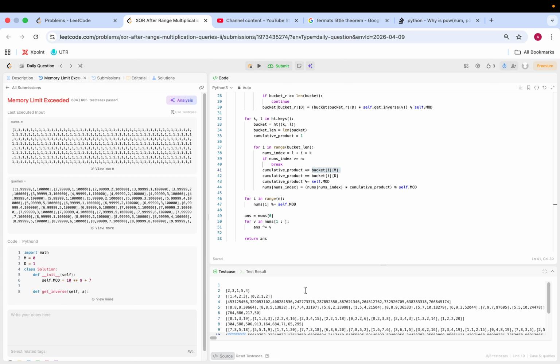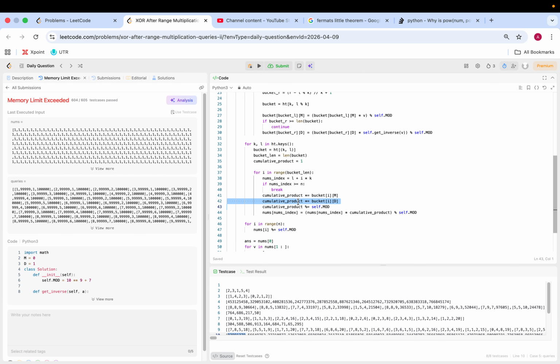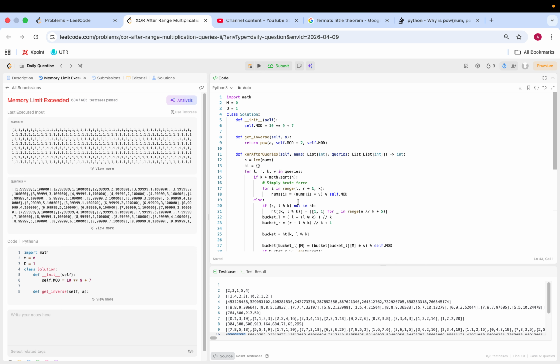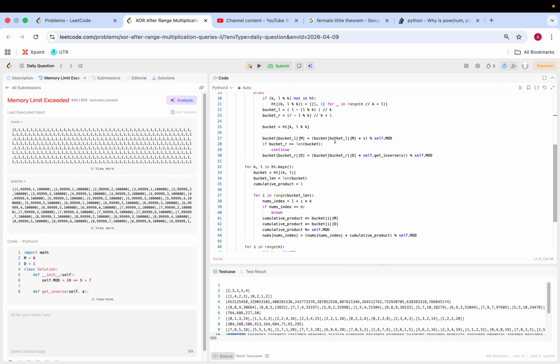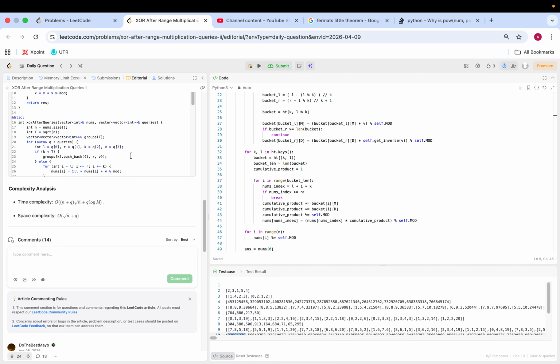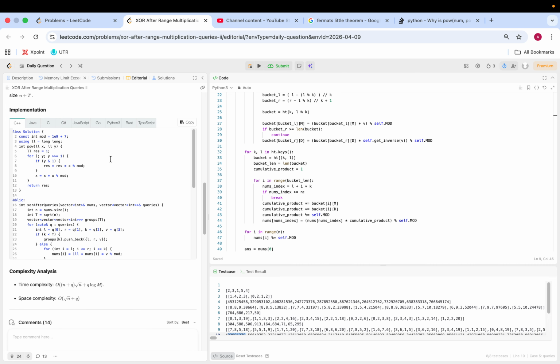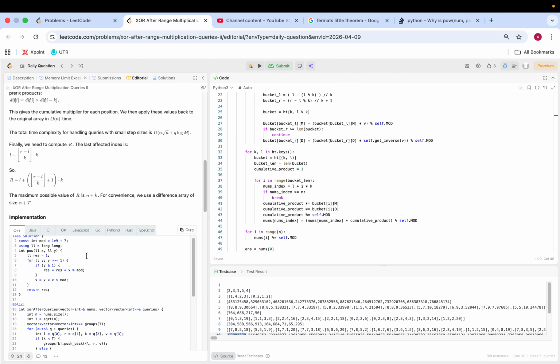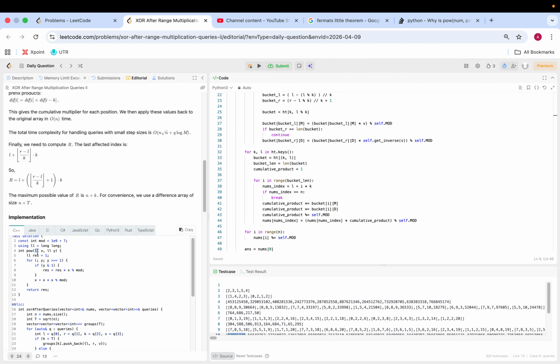Oh, you're so mean. Memory limit, it's not even speed. But I modded like everywhere, dude. Oh, no. Just to clarify, do they literally do 1 billion and 5, like for the mod thing? I think this is the fast exponentiation thing.